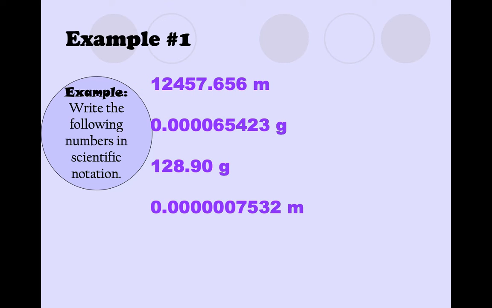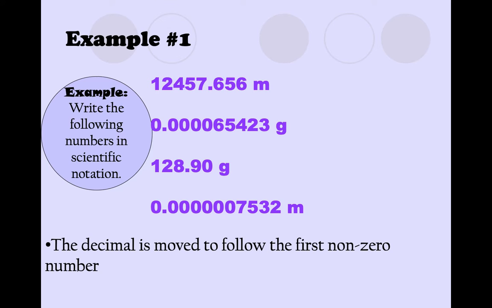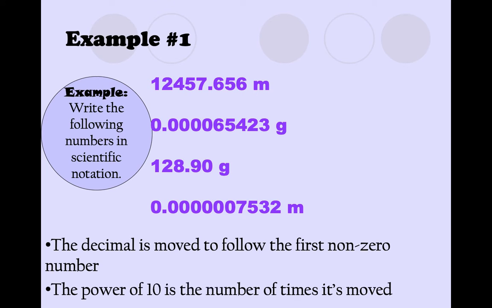So we got 12,457.656. So what we would do is we would move the decimal point behind the first non-zero and then count the number of times we did that. So we would move the decimal point behind the first non-zero, which is the 1, and it takes 4 movements to get there.